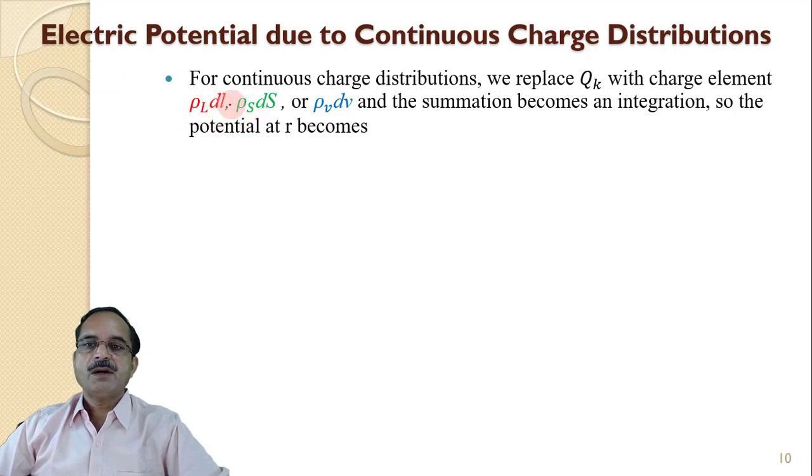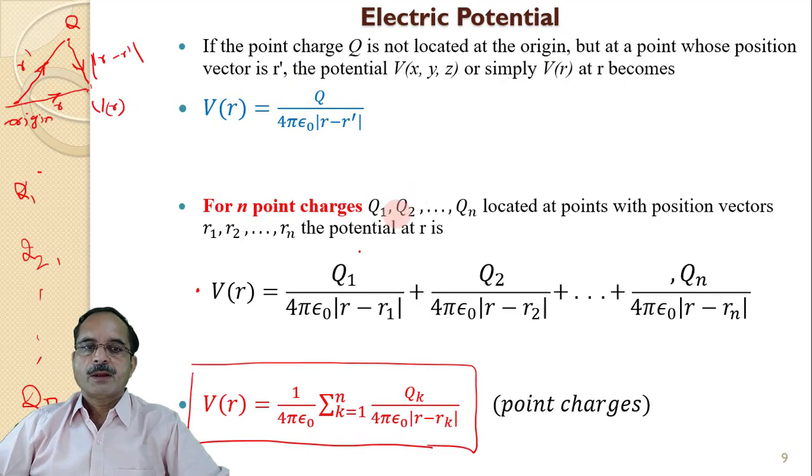So we have charge elements rho L dl, where rho L is the line charge density, rho S is the surface charge density, and rho V is the volume charge density. Then the equation is similar to what we have seen earlier, the summation k equal to 1 to n, which is the potential because of n point charges.